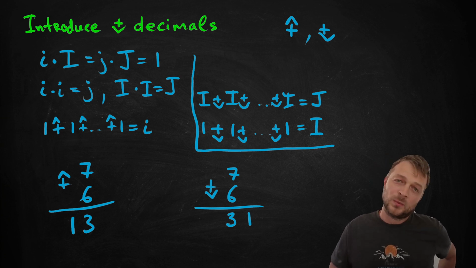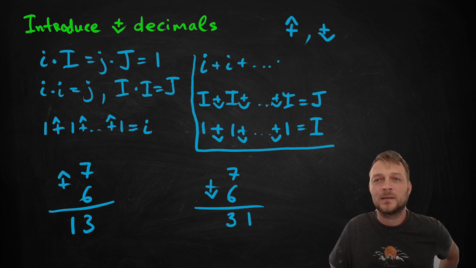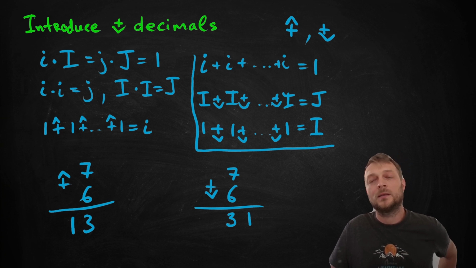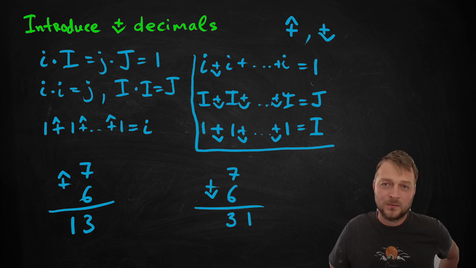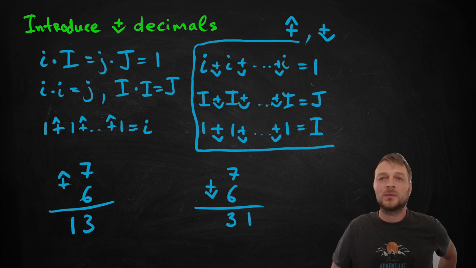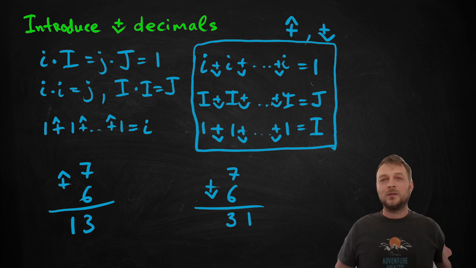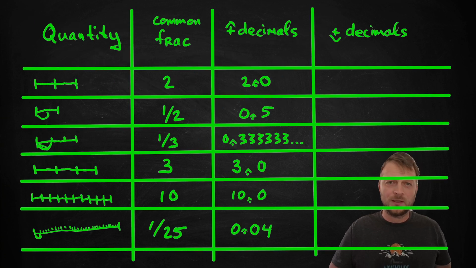And if we add, for example, i's 10 times, we will get 1. Remember that here we have our dual plus operation. So with these rules, we can now consider dual decimals. So let's play a little bit with these dual decimals.